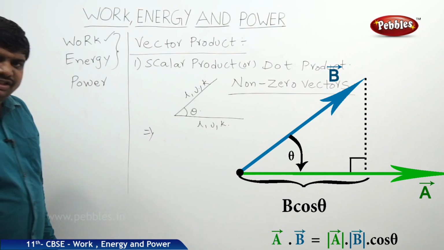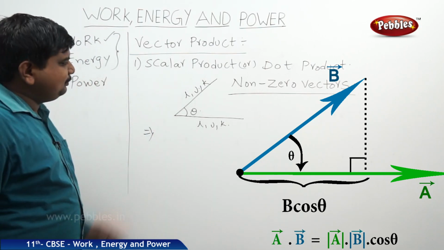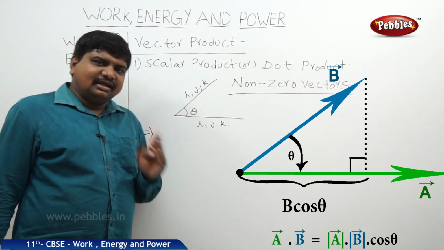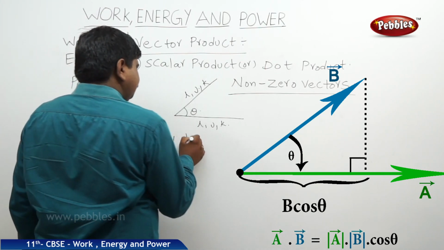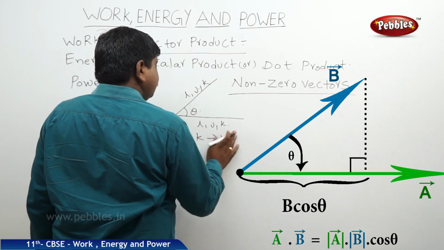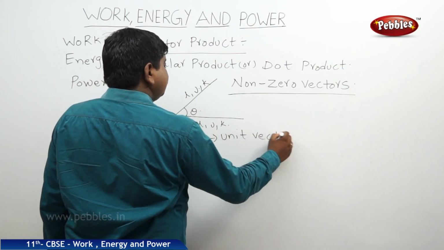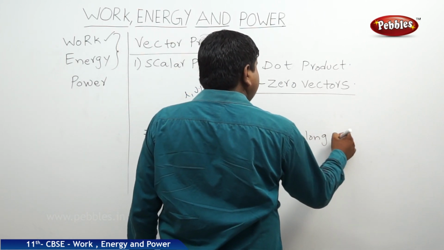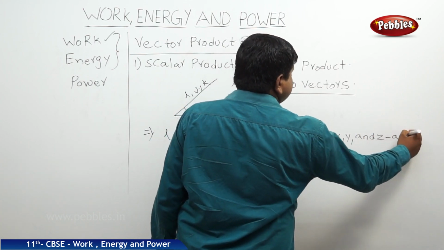If these are the non-zero vectors, the vector product is just the magnitudes of the vector, where i, j, k are the unit vectors along the x, y and z axis. We know that. They are unit vectors along x, y and z axis.